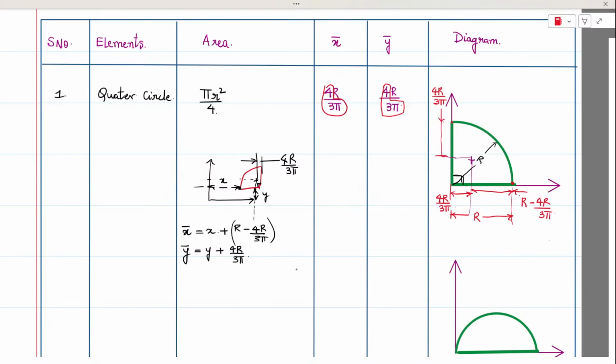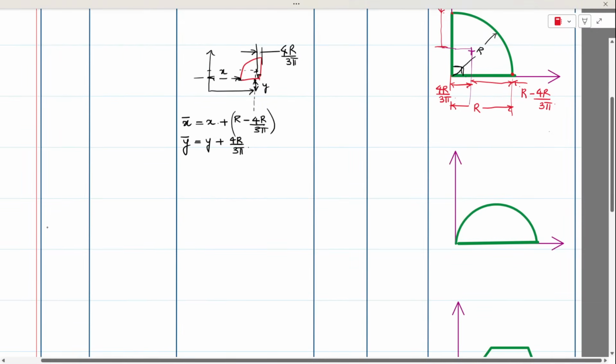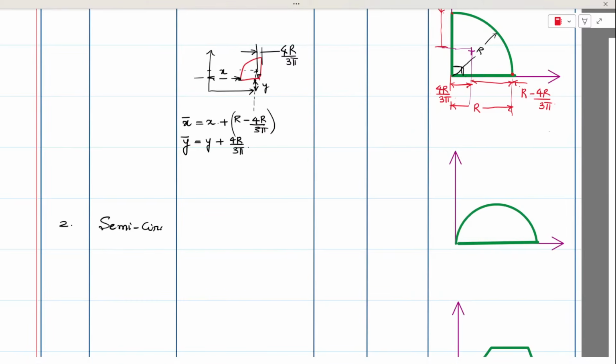Next we have the quarter circle, even, sorry, the semicircle. Even in the semicircle, the same results we have obtained in quarter circles will be reflected without any doubt.